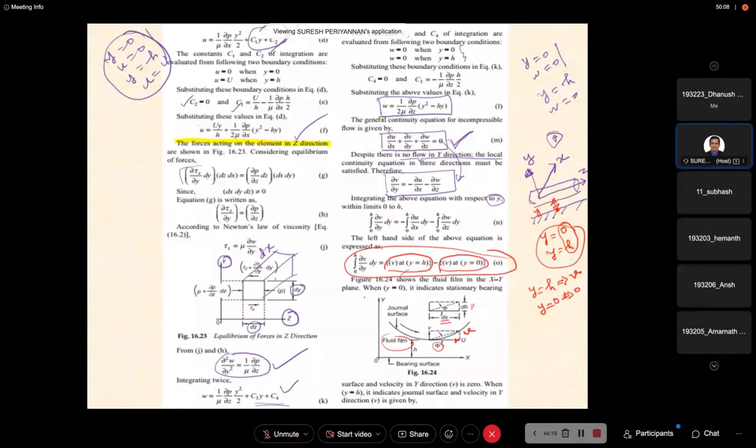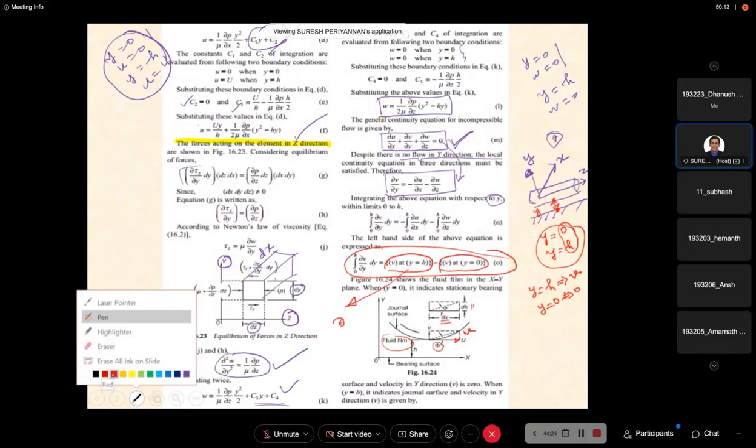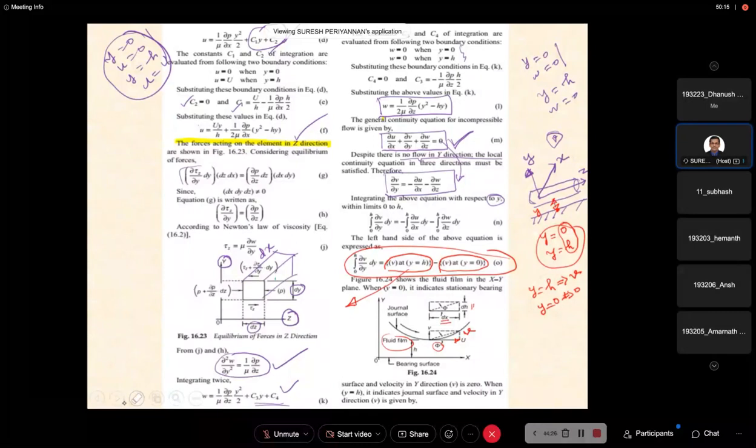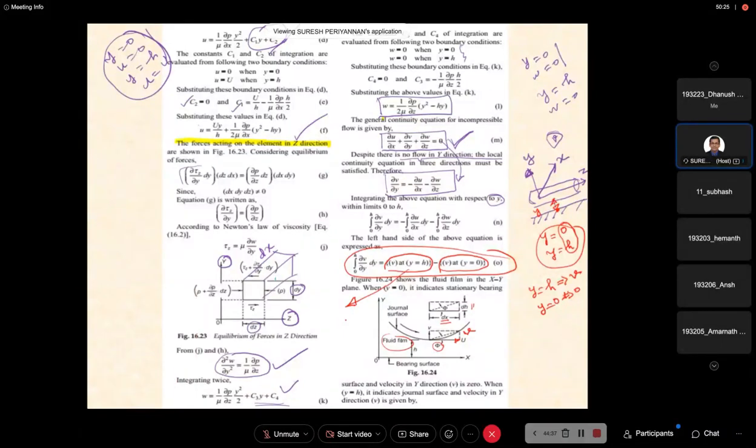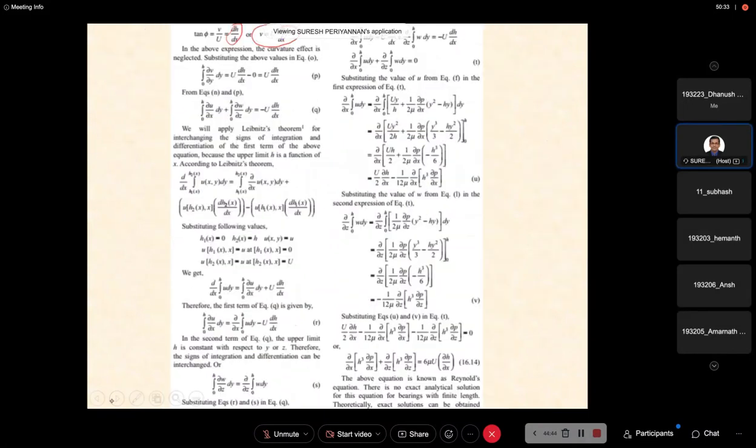Only this term is left, where v is equal to dh by dx into U. Sorry, I write it here: dh by dx into U. Now this is our equation: integral from 0 to h of dou v by dou y into dy is equal to capital U into dh by dx.